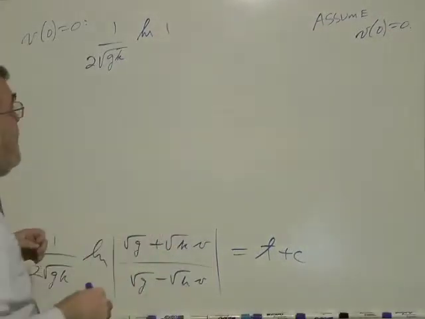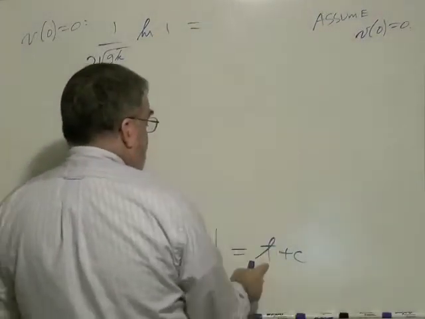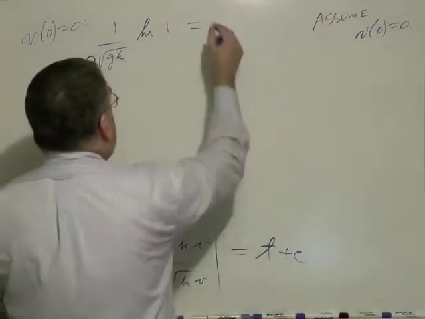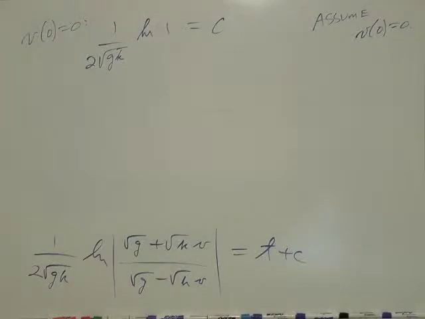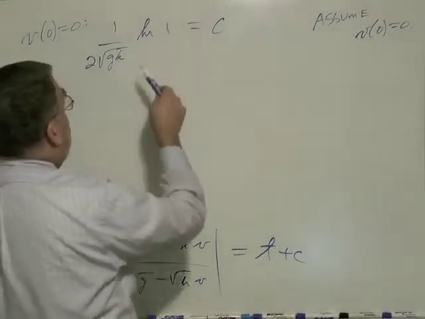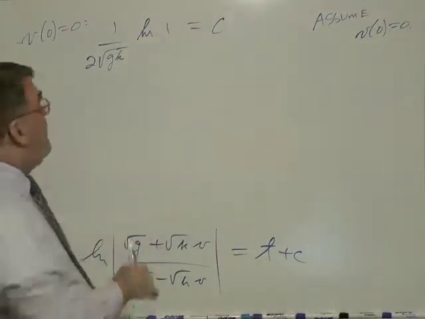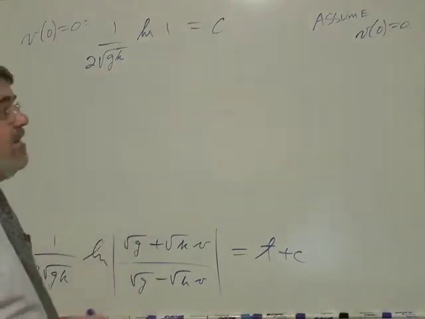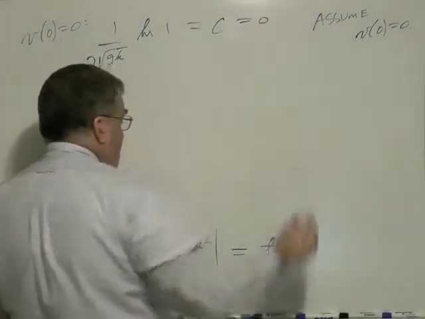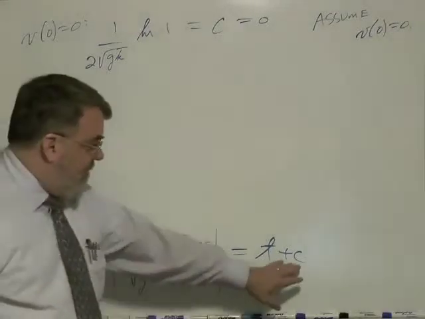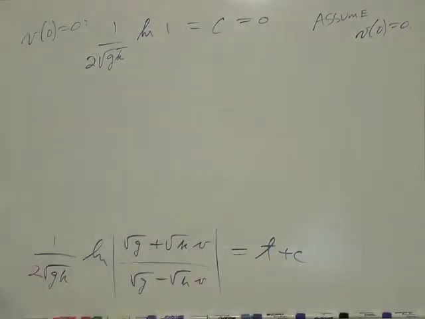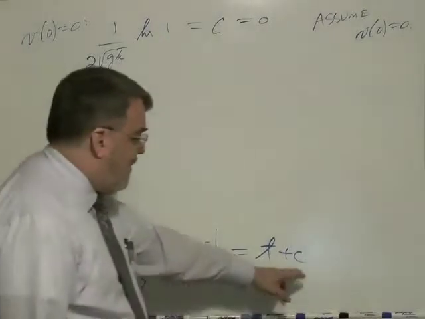Natural log of 1 equals 0, 0 for t, plus a constant, c. So my constant is this calculation, and the natural log of 1 is 0, so it doesn't matter what that stuff is. My constant is 0. So we've simplified that a bit by determining that if we start off with no initial velocity, then my constant is going to be 0.